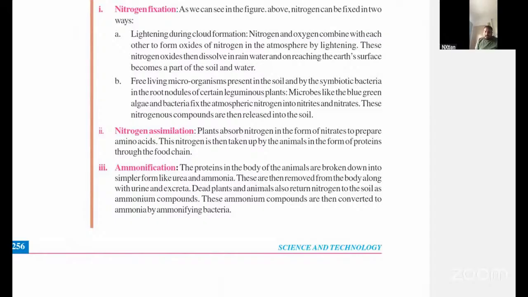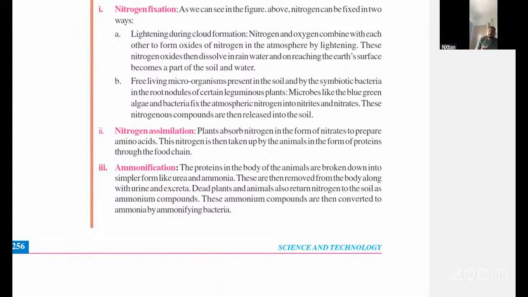So it means that nitrogen is not useful, but the protein has other essentials, like if you go through the chain, that we can use. So some of the nitrogenous wastes come out of the body in the form of urea and ammonia. For example, cow dung. Cow dung is not useful for the cow. That is why it is removing that nitrogenous waste.